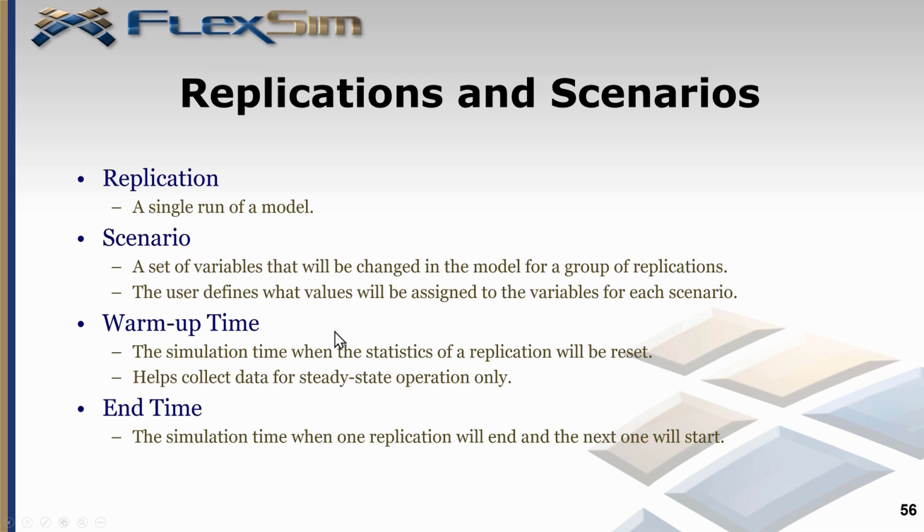This is the simulation time when the statistics of a replication will be reset. It helps collect data for steady state operation only, so you can exclude from your statistics the ramp-up time when the model's coming up to speed. And then you define an end time. This is the simulation time when one replication will end and the next one then will start.